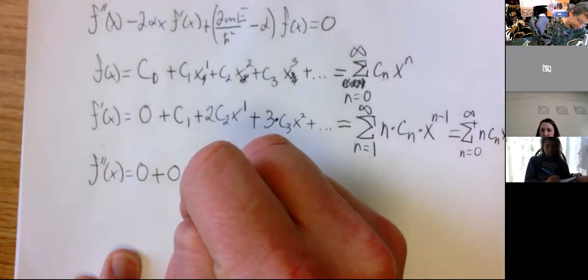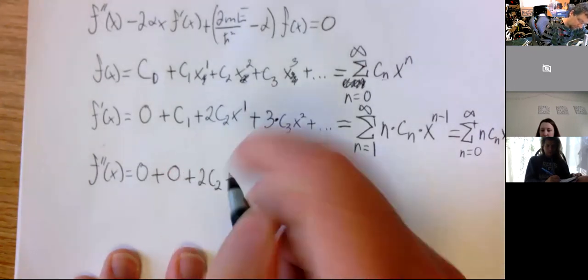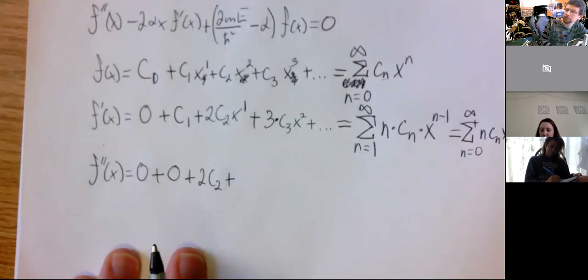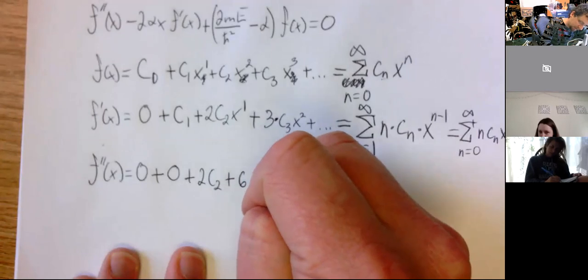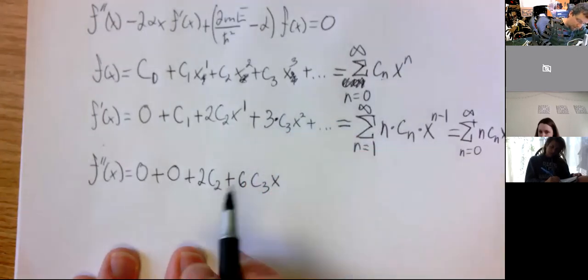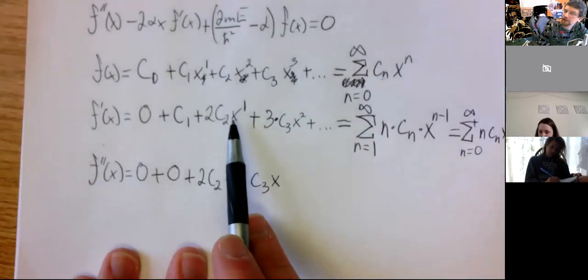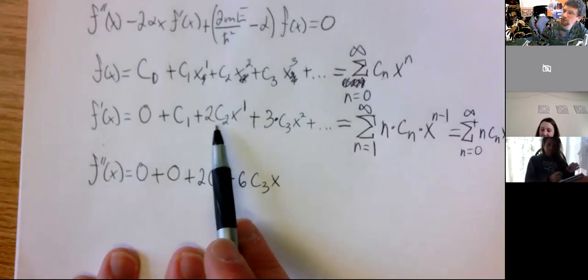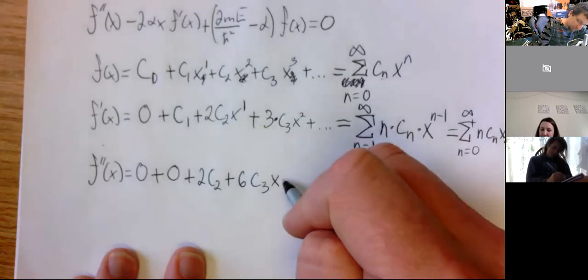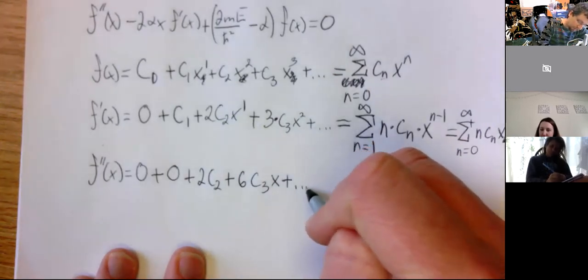Plus the next term, 6 C3 x. The x went away here because we had x to the power of 1, so if we take that derivative, that just ends up being 1. And so on. It keeps repeating this way.